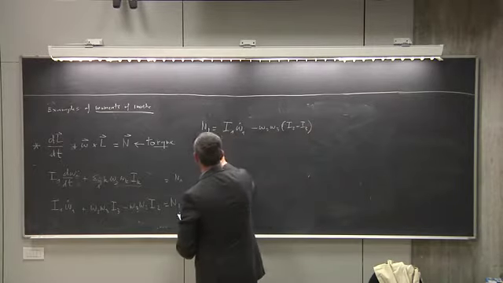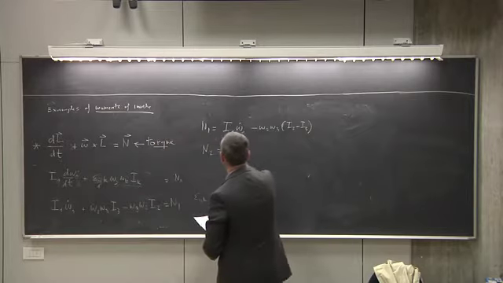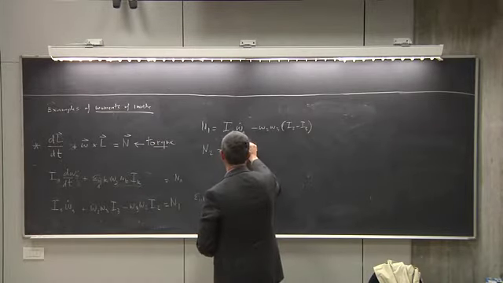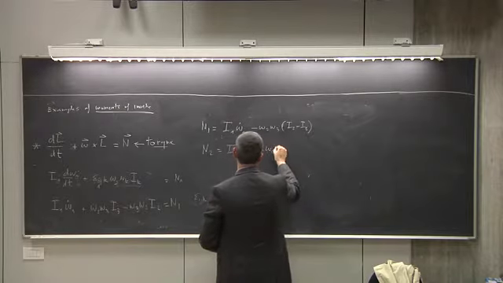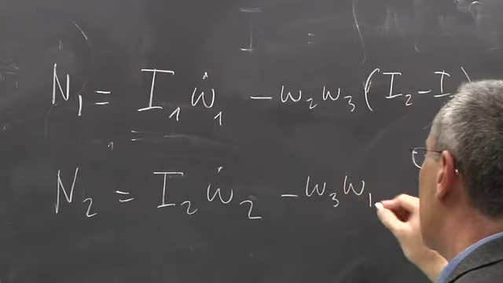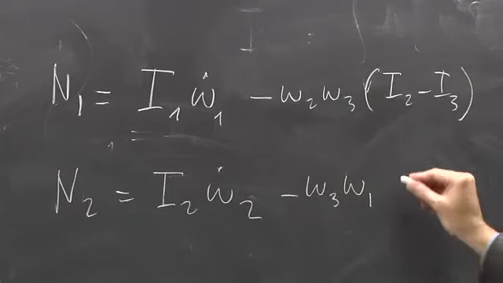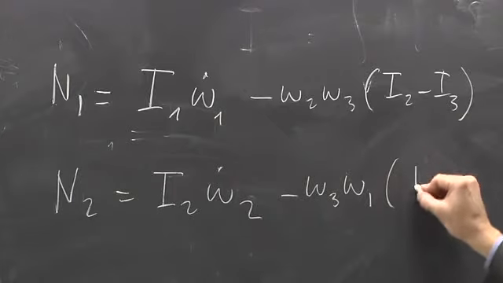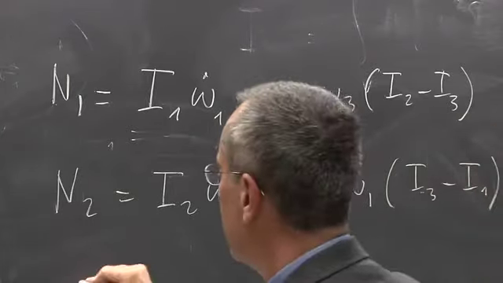And the N2, you just go cyclically, you understand, right? So it's going to be I2 omega dot 2 minus omega 3 omega 1, I3 minus I1.